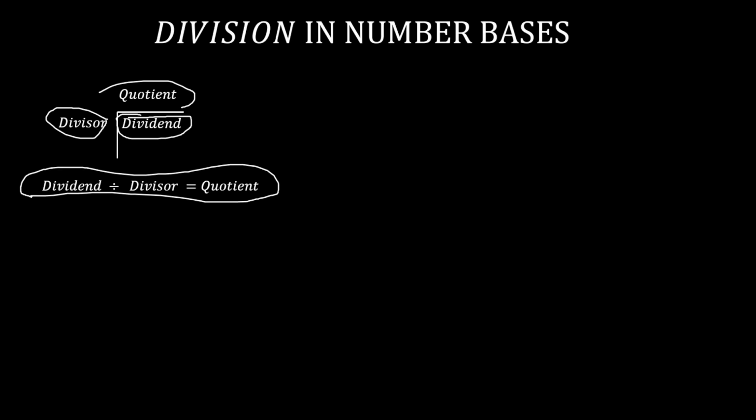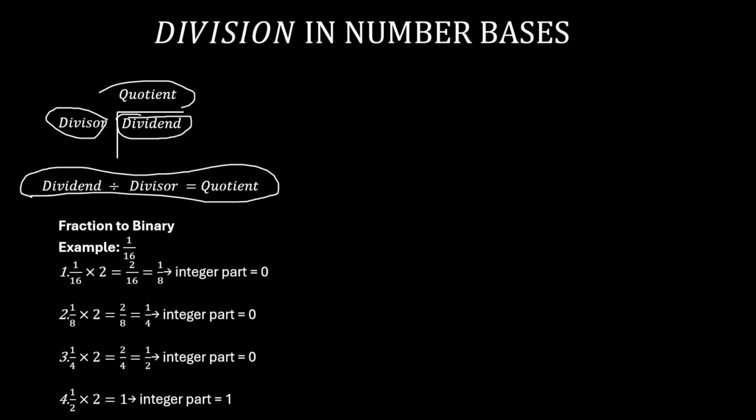But in the world of division here, there is something very crucial that we need to understand, because it is the fundamental basis of division in other bases. Let us see it. It is called fraction to binary. How do we mean?